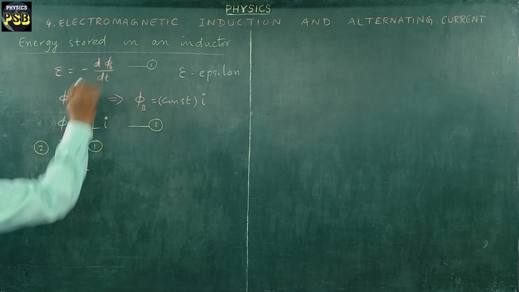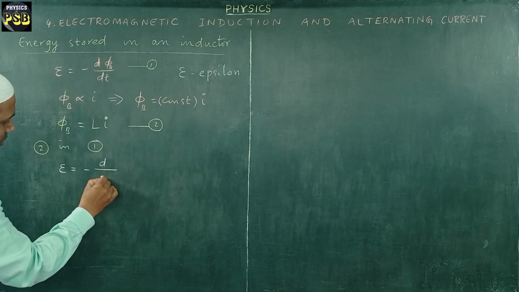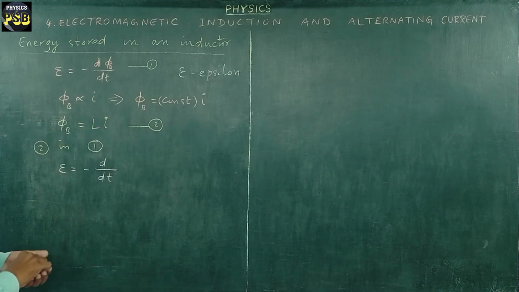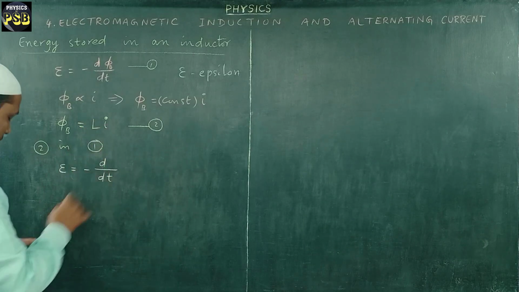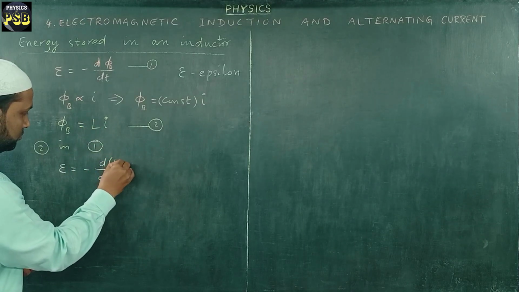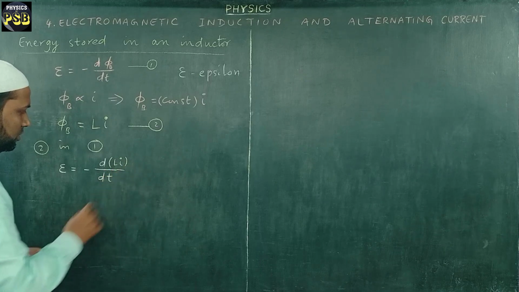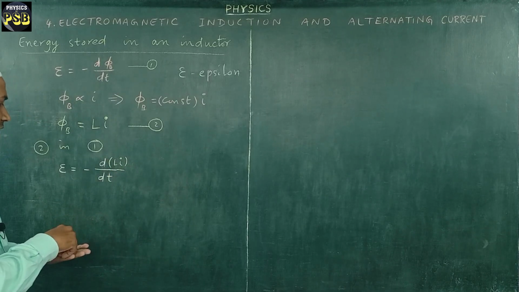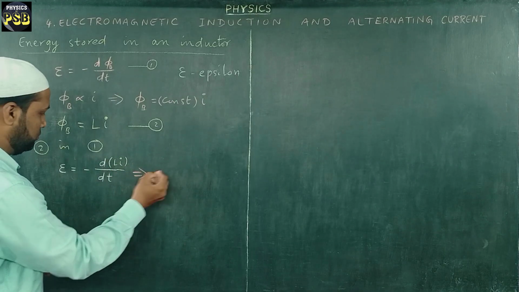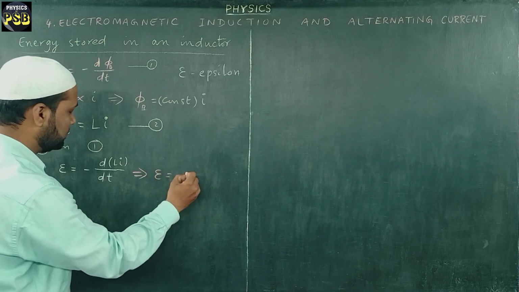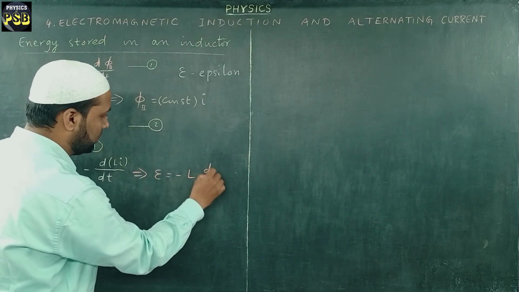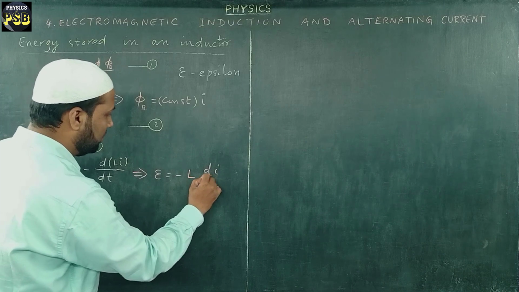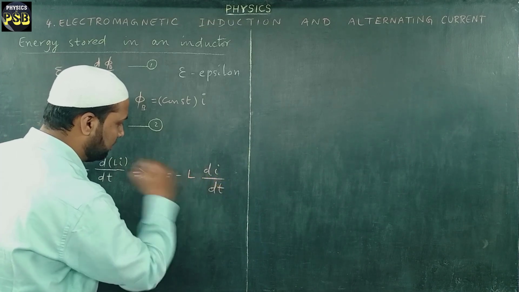In the place of phi B, I write Li. Here, L is a constant, so it is taken out, along with the minus sign. So what remains here is nothing but di upon dt.